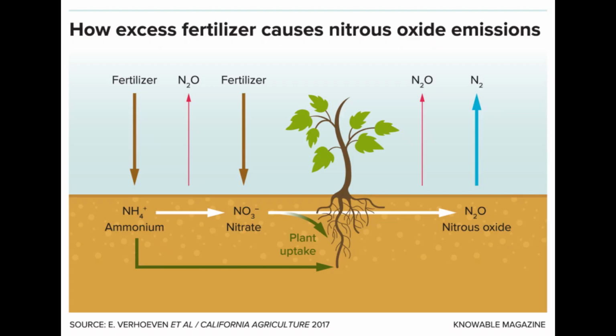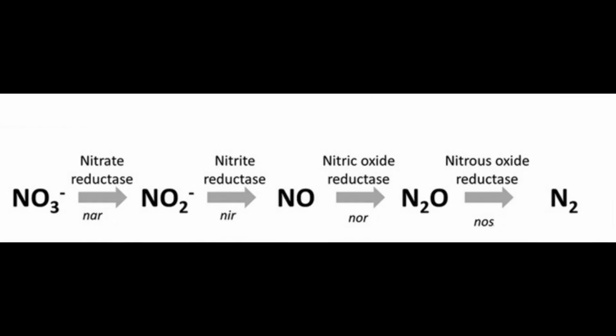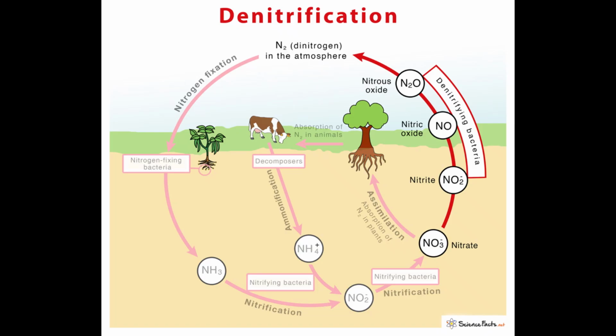Nitrous oxide is a gas, so some of it will diffuse out of the system. Finally, the nitrous oxide reductase enzyme, or NOS, reduces the nitrous oxide to molecular nitrogen, where it goes up into the air with the pool of atmospheric nitrogen.